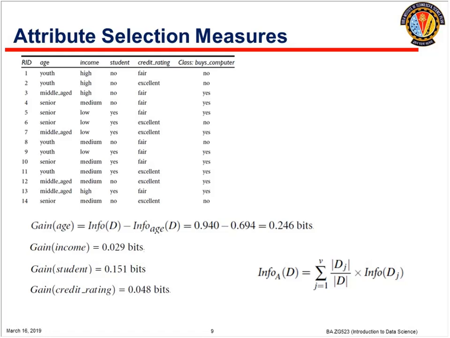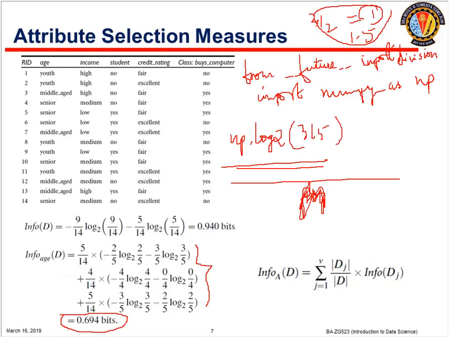In this example, 0.694 is the entropy if age was used to select, and the initial entropy was 0.94. So how much have you gained? 0.94 minus 0.694 is 0.246. So the gain is 0.246, and that is what is written here.